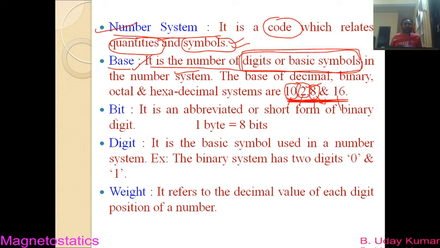Now coming to our next definition, which is bit. So what is a bit? It is an abbreviated short form of binary digit. Generally the computer students must be knowing this one.